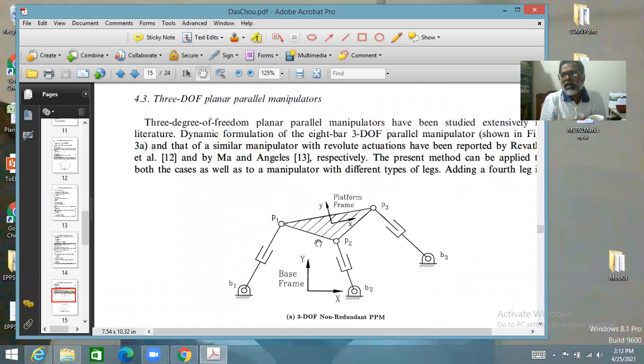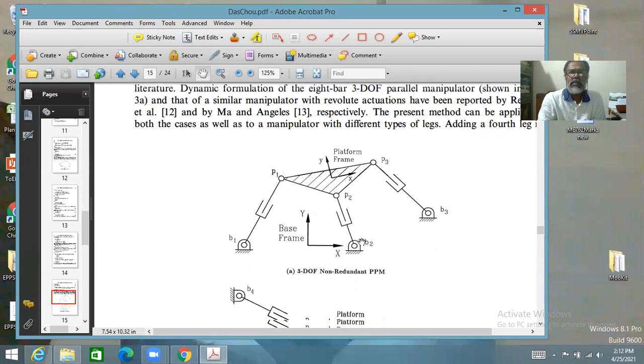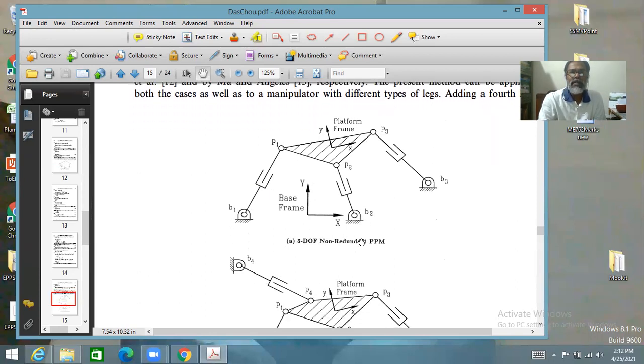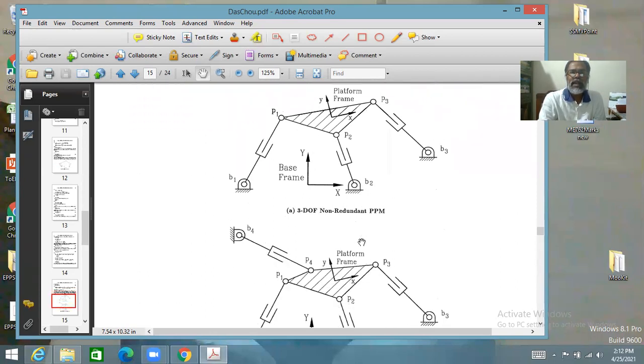In terms of mechanism theory, this is actually an 8-link mechanism. One link is the base, one link is the platform, and 2 links here, 2 links here, 2 links here. And this is 3 degrees of freedom. Now, if you have a fourth leg like this, that doesn't make it 4 degrees of freedom, because the degree of freedom is still 3.